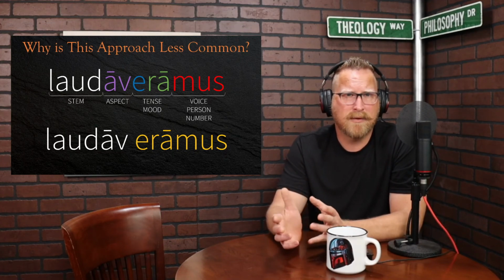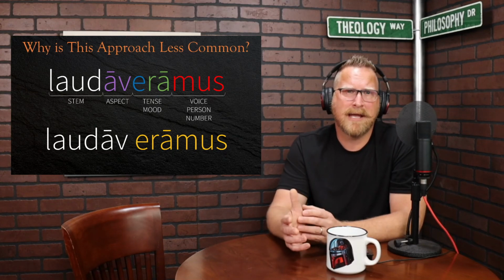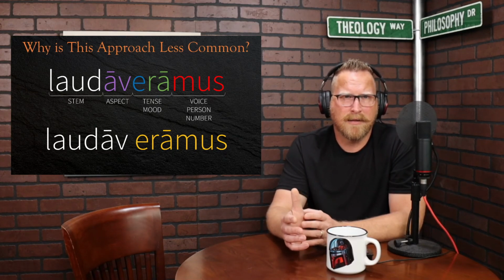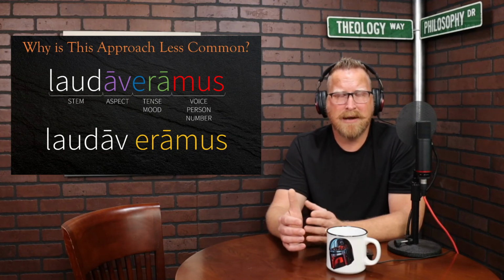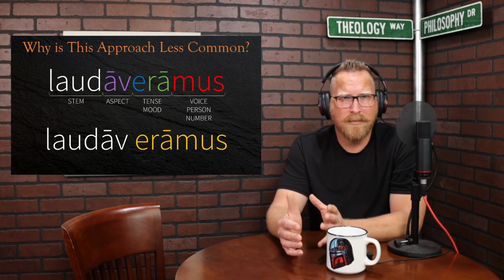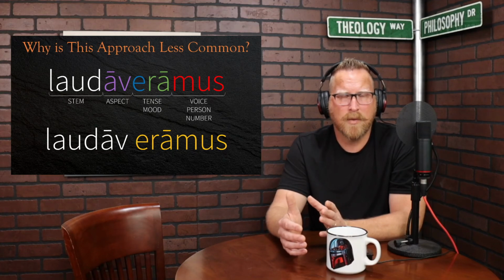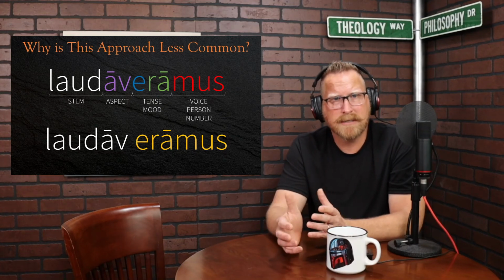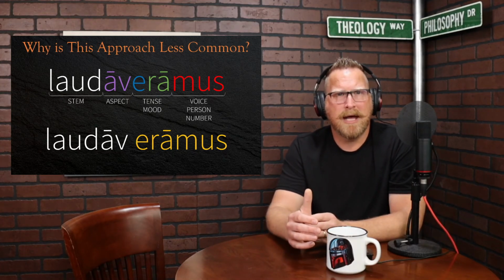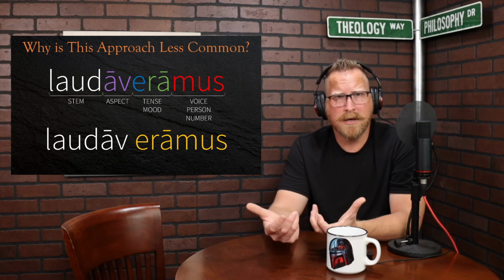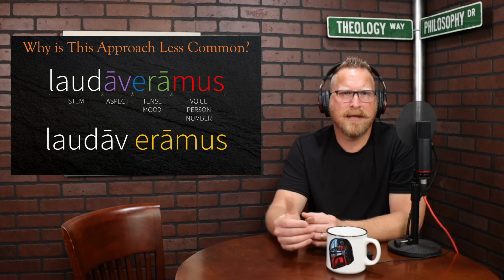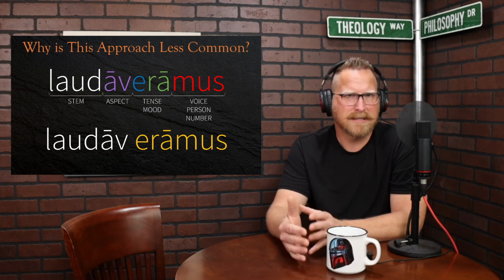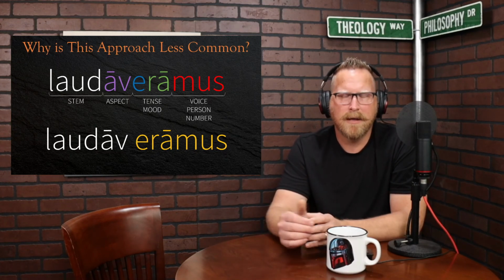We would think that at the very beginning of the language, the raw here meant tense, mood, and so on and so forth. But really, it developed in a way that most likely laudav was one word and eramus was another word. And because they were two separate words, a lot of the grammarians don't like to think of dividing up the ending into different parts and saying each part says something.